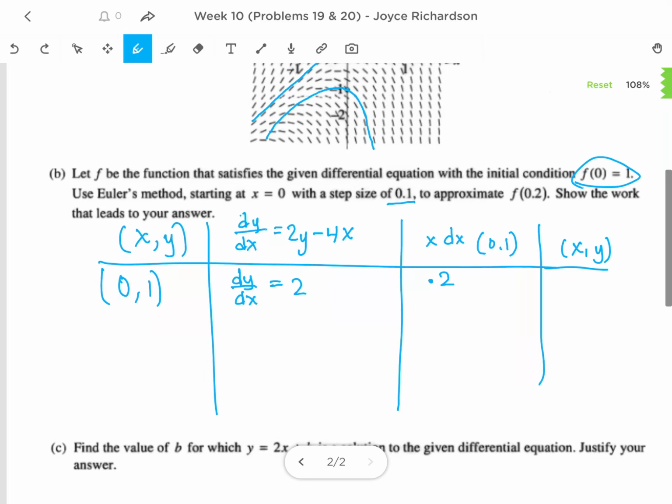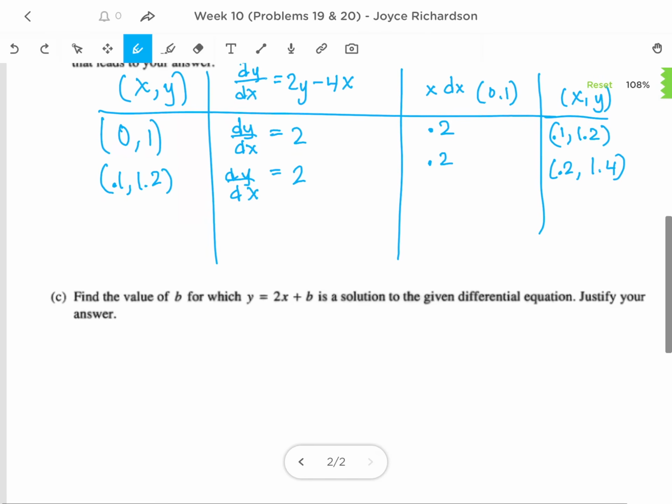So now I'm going to have 0.1 comma 1.2, and I'll come down here, 0.1 comma 1.2, dy/dx is going to be equal to 2, and I have my dx, multiply that 0.2 or 2, I'm going to get 0.2, and then I'm going to end up with 0.2 comma 1.4.